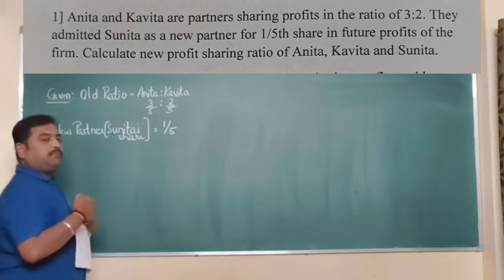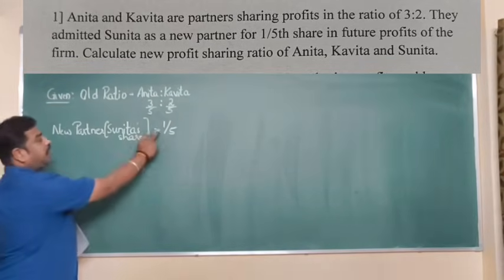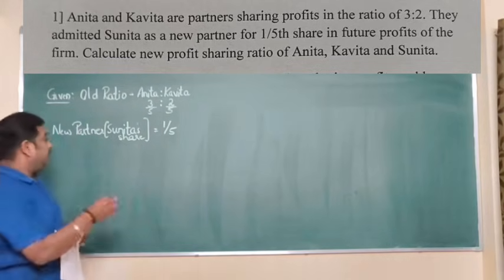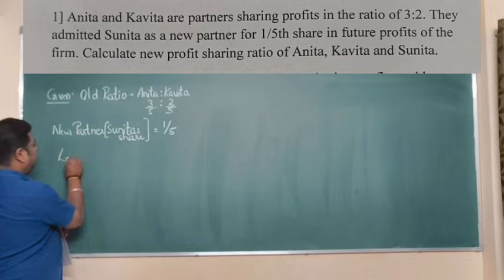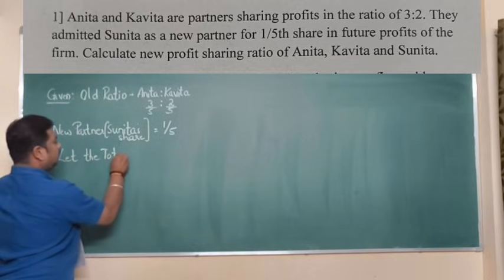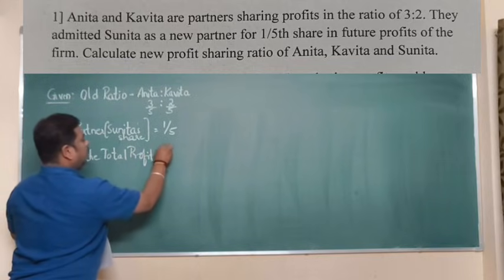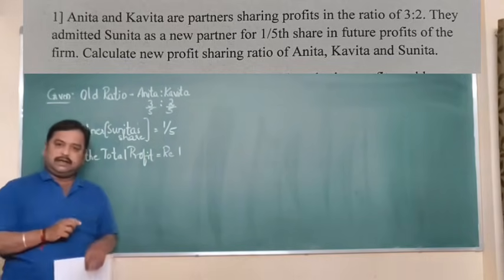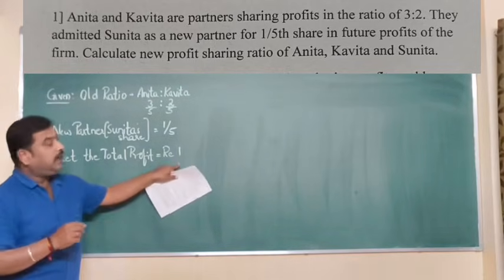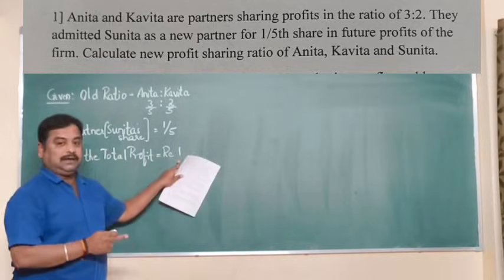Our first step is, let us try to calculate after giving the share to the new partner Sunita, how much is the remaining profit. So our first step will be, let us assume that the total profit is equal to ₹1. Now why am I assuming the total profit as 1 rupee? Because they are all in fractions and the highest fraction is 1.